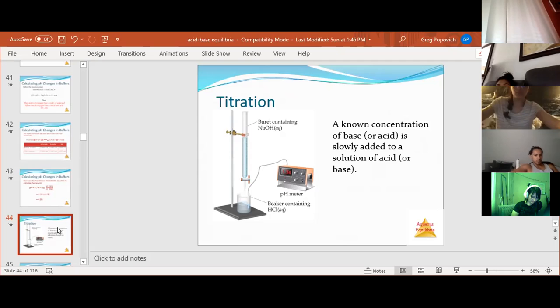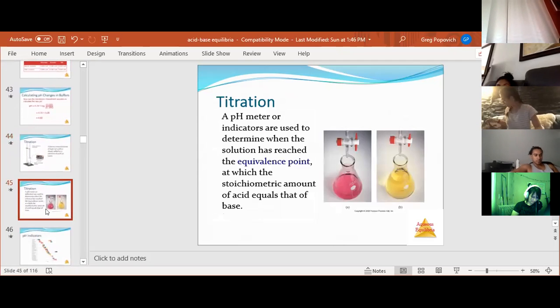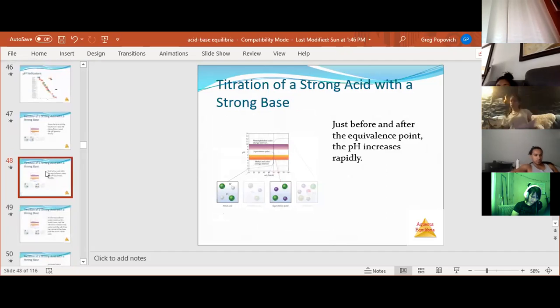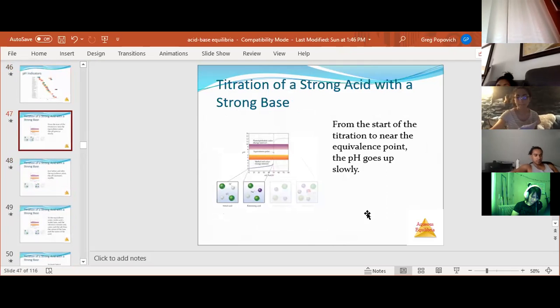And I am going to monitor the pH with that. I've talked about indicators, so I'm not going to go through that again. Now, if I do it with a pH meter, we're going to talk about titration curves now. Different subject.